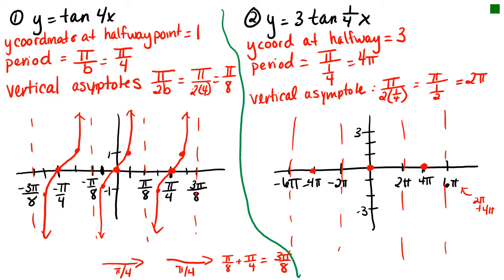And then halfway points, let's put those in. At those, I'm going to be at 3 and -3. So 3, -3, 3, -3, 3, -3. And I'm going to draw my swishes.